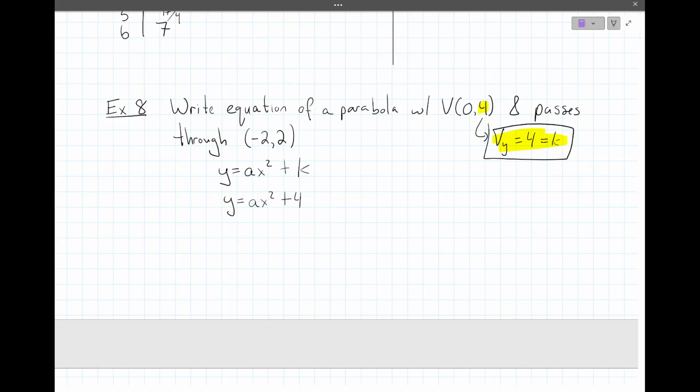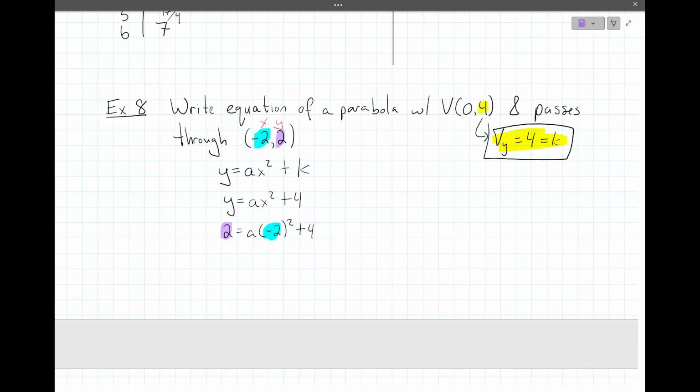Now I'm going to take this point of information, (-2, 2), which is an x and a y, and put it directly into the equation. So instead of y, I'm going to write 2, and instead of x, I'm going to write -2, and I'm going to preserve all the operations around it.